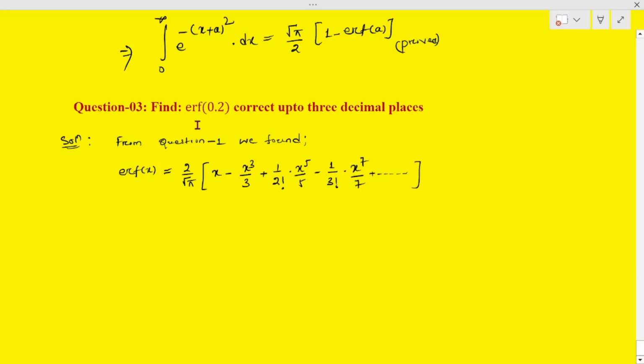So to find the value of the error function of 0.2 correct up to 3 decimal places, here you just substitute x equal to 0.2.